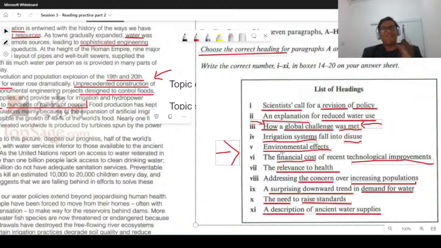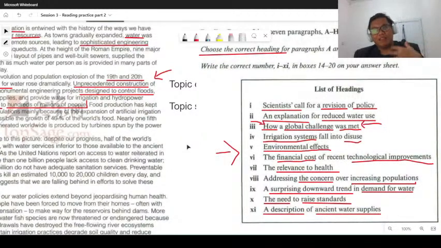Number five, environmental effects. Now, this is quite generic, right? Only two words: environmental effects. So, in the first two sentences, we did not find any word that relates to the effects of any environment. It's just water use, and there's an engineering that helps use or utilize the water, right?